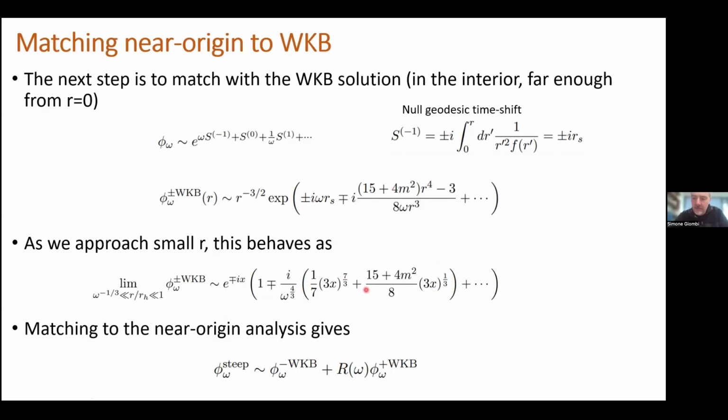And then by doing the matching, you basically find that the WKB answer, as you start going away from the singularity, has two pieces, the minus and plus piece, again like ingoing and outgoing, with this reflection coefficient, which is inherited from the solution in the interior by this matching.